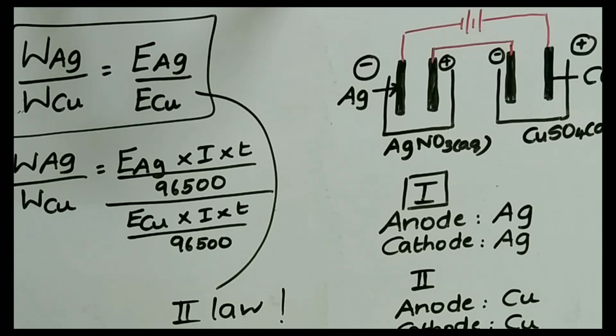But if the electrolyte is in the aqueous form, then you will use the electrochemical series, right? So that was the qualitative part. Coming to the quantitative part, we have two laws, Faraday's first law and Faraday's second law. Correct? And we have proved the laws, all the equations of both the laws, very important and useful for the numericals.